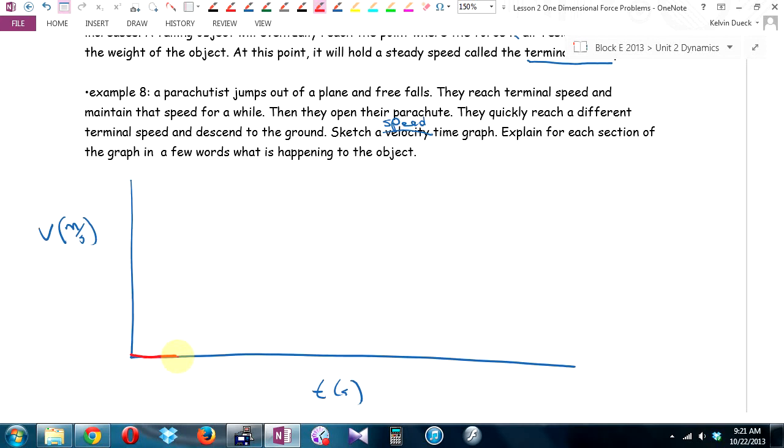When I'm falling the fastest. When is it at its minimum? The split second I jump. So actually, it's going to be a steeper slope when I jump, and there's where I'm in free fall at terminal velocity, that horizontal section. Kind of half a parabola with an extended straight line, sort of.